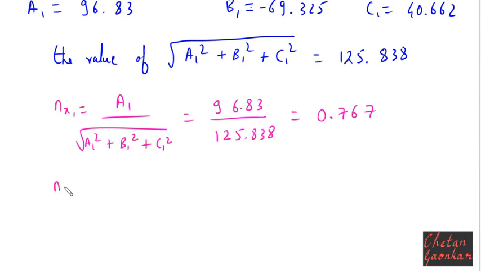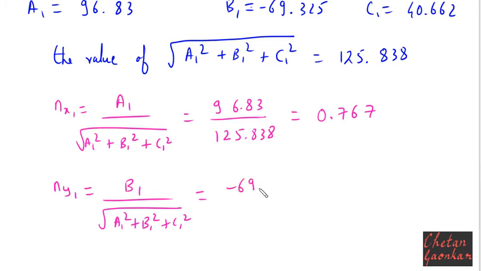Similarly, the value of ny1 will be b1 divided by root of a1 square plus b1 square plus c1 square, which will be equal to minus 69.325 divided by again 125.838, which will be equal to 0.5508, and of course this sign should be minus.